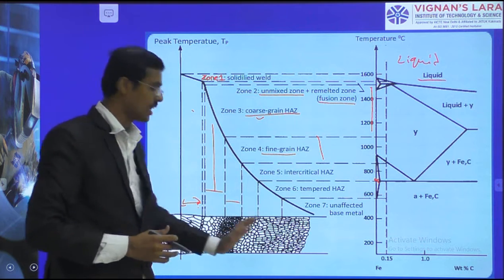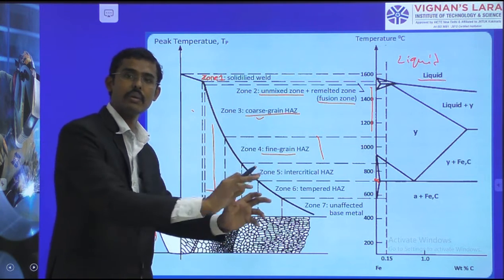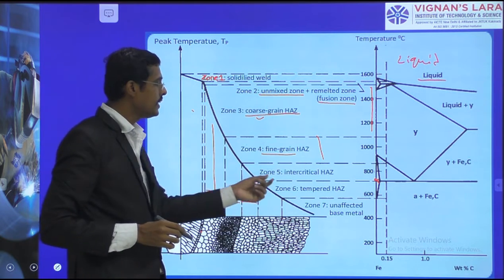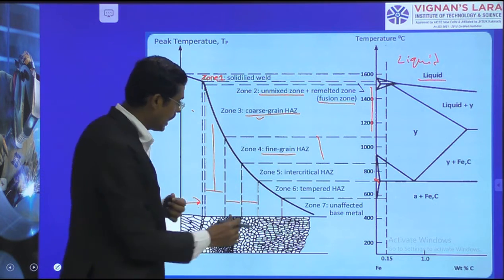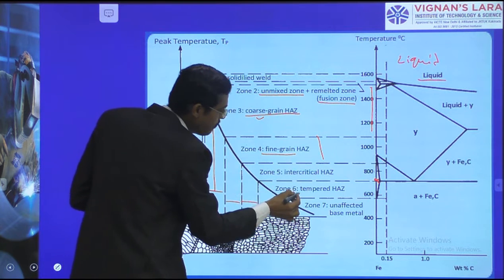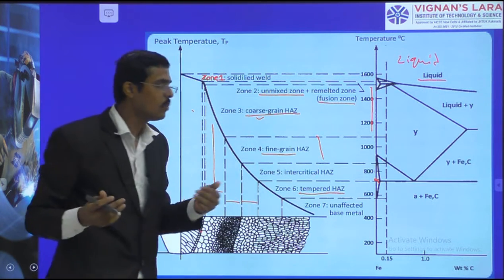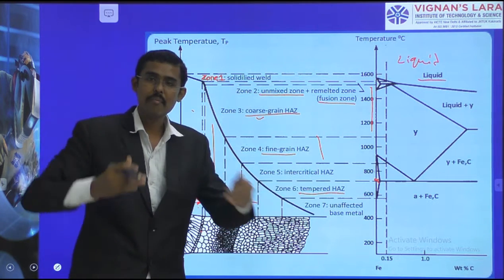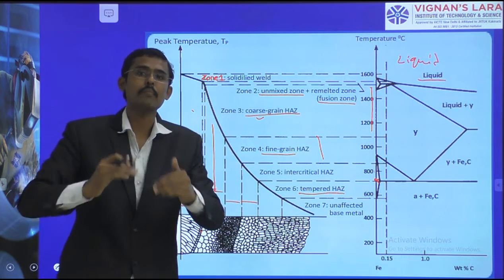Right. Next, the temperature is reduced further. What is this zone? I am talking about zone 5, the intercritical heat affected zone, and it is reduced here, and then lastly the tempered heat affected zone. Now you see, in this zone we are coming below the critical temperature.